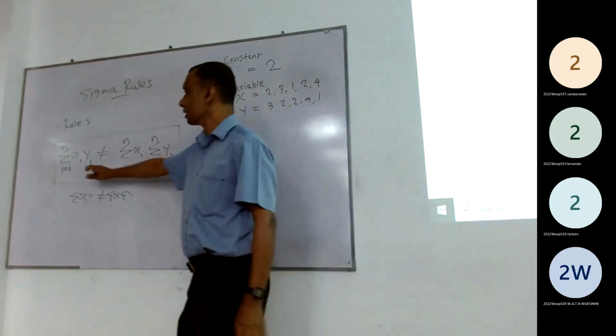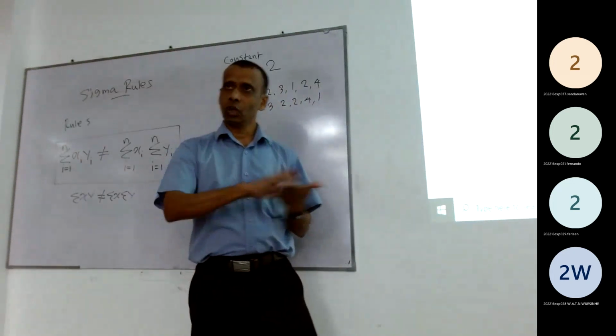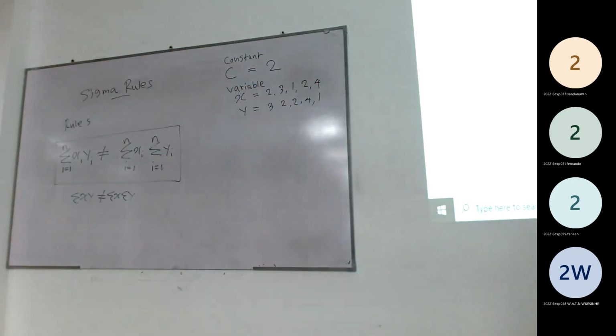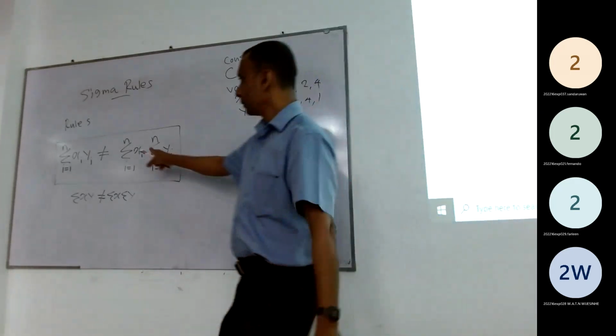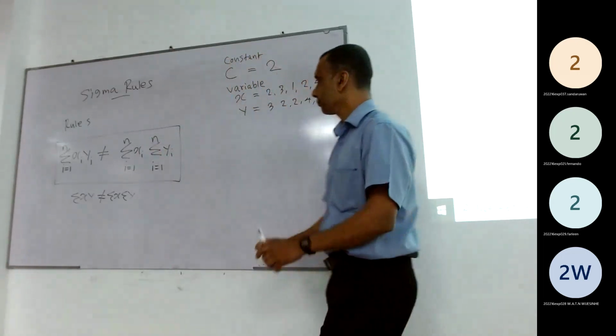That's the rule. Sigma i equals 1 to n xi yi not equal sigma x, sigma y. A multiplication sign, even though you have written or not, that is multiplication.